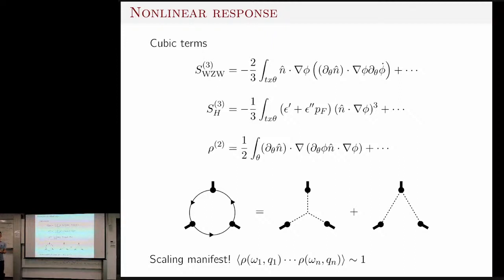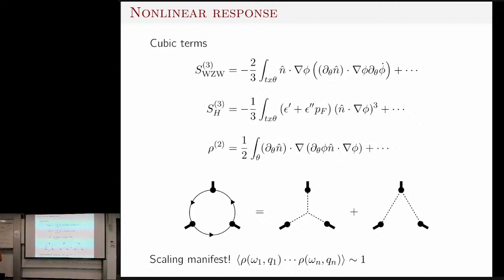For higher point functions, there's going to be more, and it's completely obvious to guess how things scale. You just count how many irrelevant vertices you have to use to make something non-zero. So scaling is obvious, and actually computing these things concretely is also easier on this side. It's just evaluating these tree level diagrams.